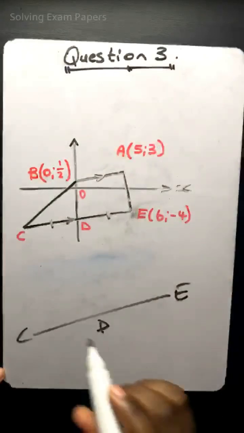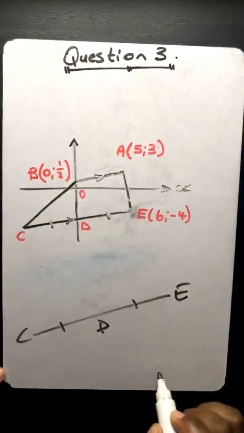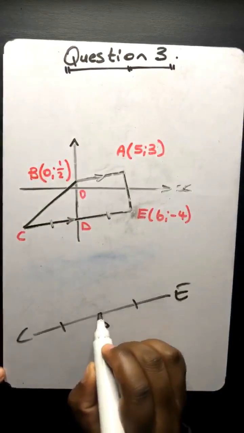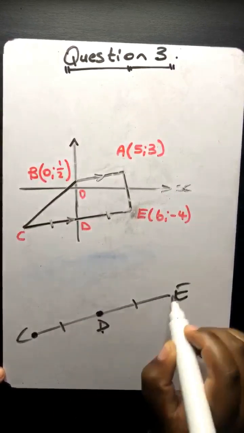So, can you see with them doing this and that? That means from C to D, it's equal to this to that.